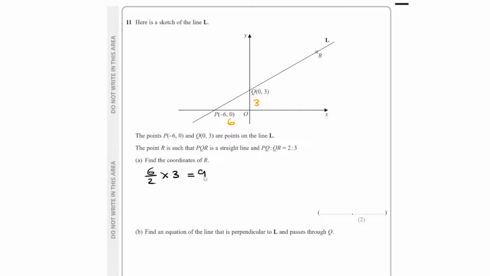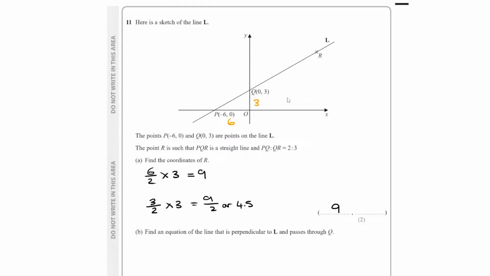Now that's the distance though, so just be careful. Is that the actual coordinate or just the distance? So that's starting from Q, isn't it? Q up to R. Now in terms of the x, Q does start at 0. So technically 0 plus 9 is just 9, isn't it? So that's fine. That is the x coordinate. However, just be careful with the other one. So we've got 3 over 2 times by 3 as well, which I think gives you 9 over 2, or you could write it as 4.5.